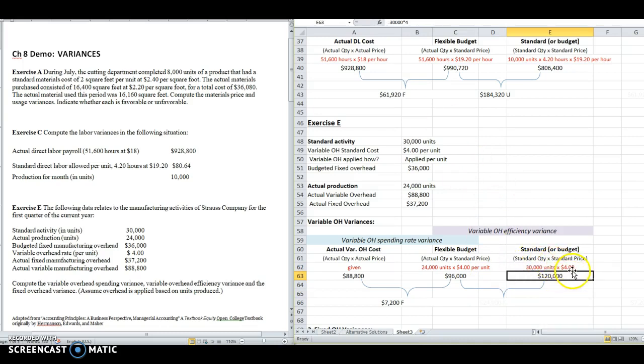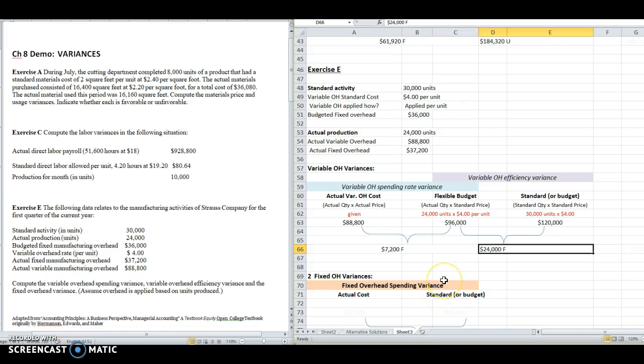If I had applied it to 30,000 units, it would be $4 each, which is more than the flexible budget. So the flexible budget is less than the standard, and this will also be a favorable variance. When my number of units is less than I had planned, it's a favorable variance because it gives me less cost.